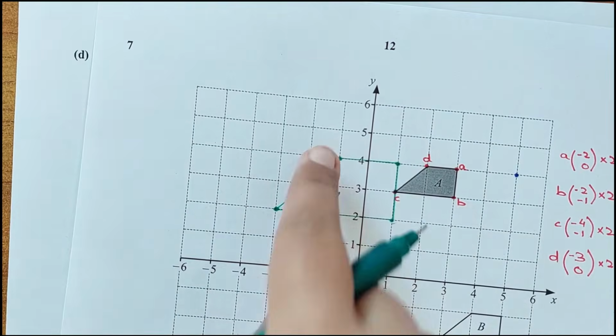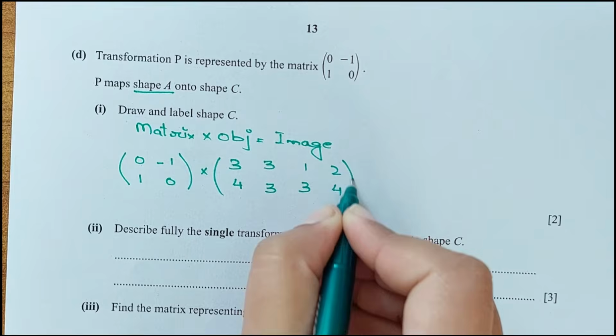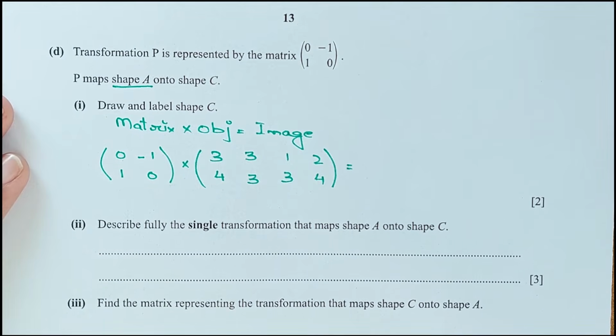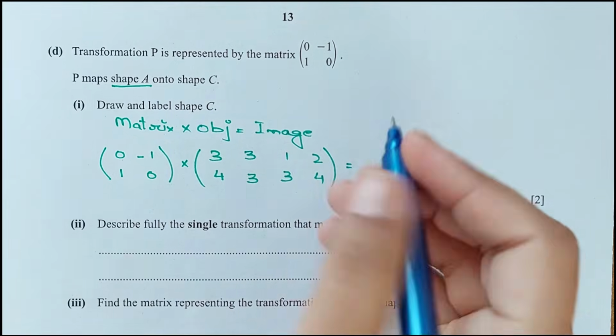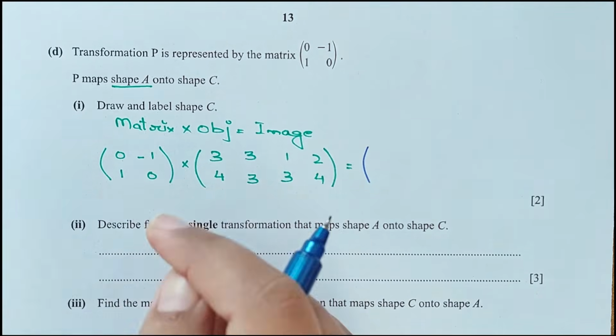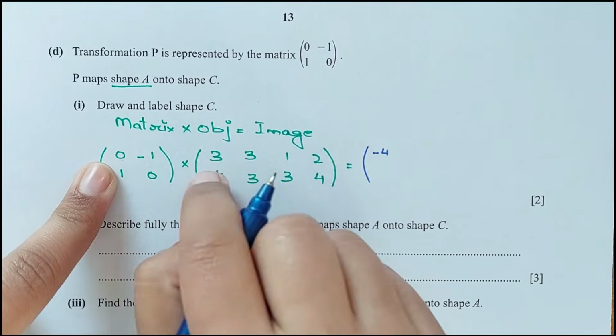And the last coordinate is 2, 4. Let me do the product to get the coordinates for shape C. The image is the shape C, right? Okay. Zeros are going to multiply with the column. 0 times 3, which is minus 4 here.